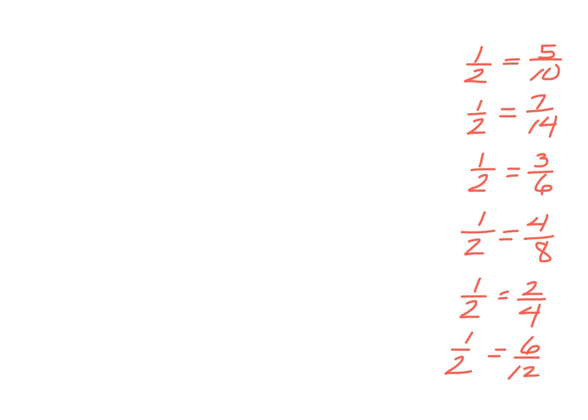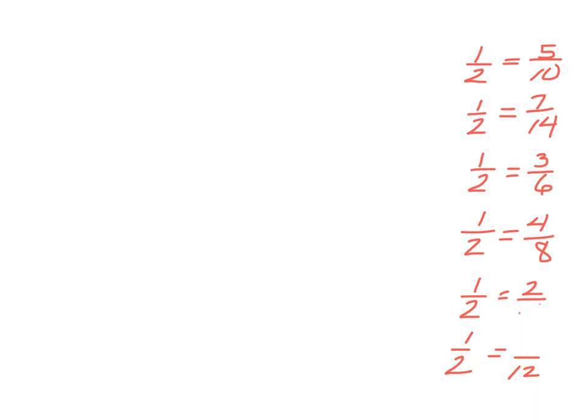Okay, well, what if I were to cover up this denominator, and what if I were to cover up the numerator here? Let's see if we could figure that out. Well, let's look at the first fraction, okay? So we know that it's equivalent to 1/2. What would be the denominator here if it were to follow the pattern?